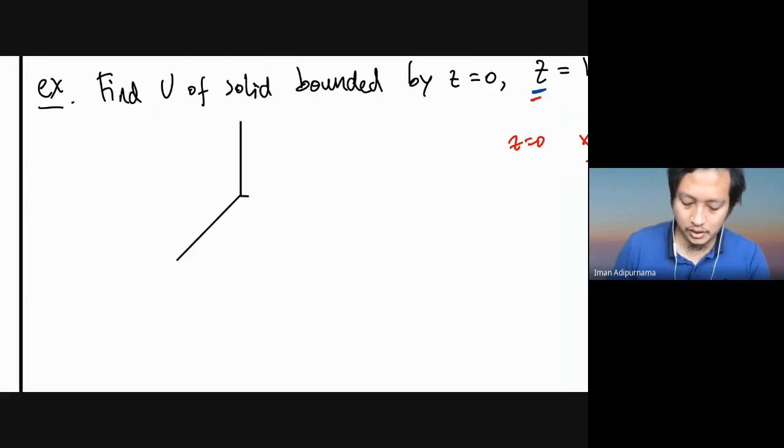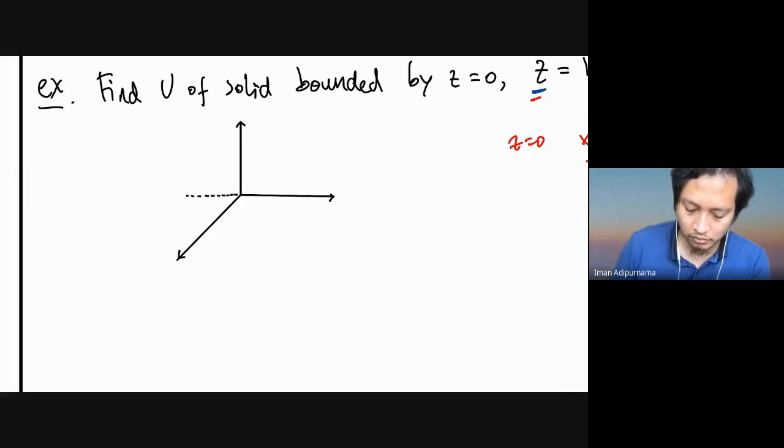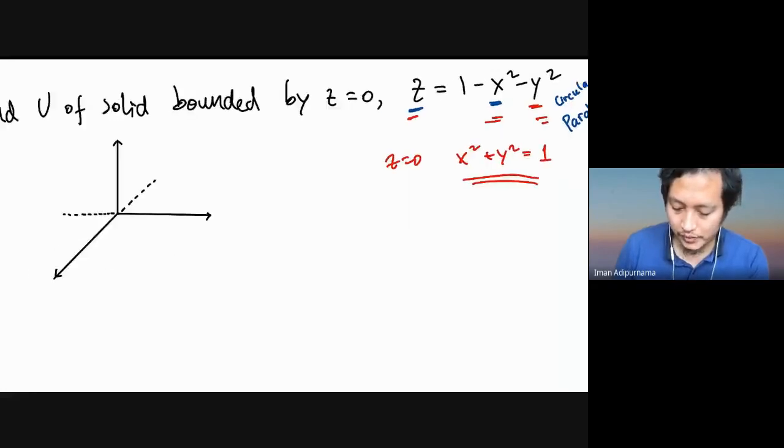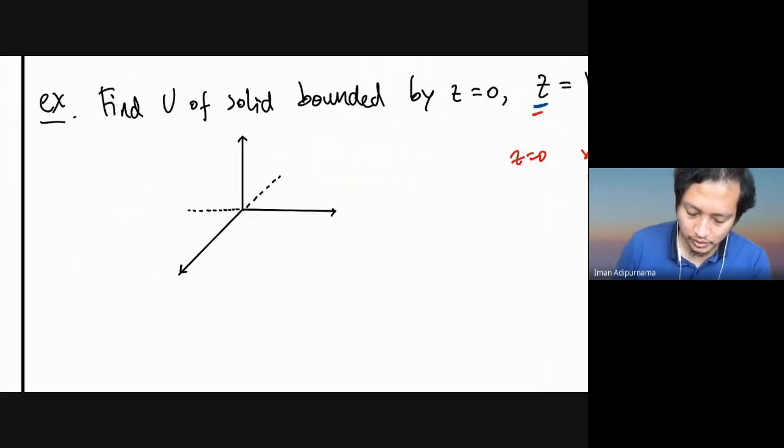So if you want to draw, you can draw, but if you already have an idea to solve, you can directly write your solutions. But if you're still confused, you can draw and imagine, at least draw what the area at the base of xy looks like. So we have this circle, x squared plus y squared equals 1.